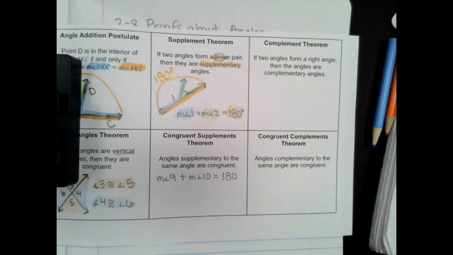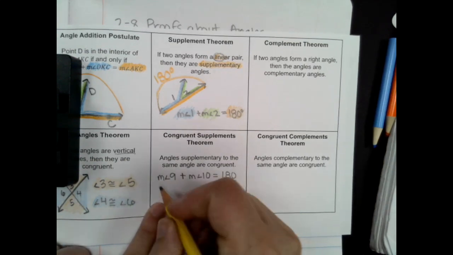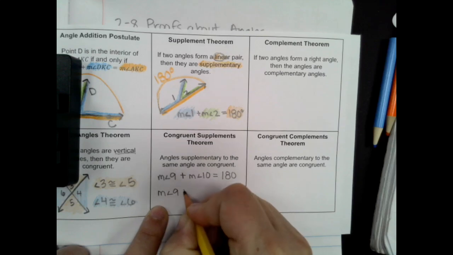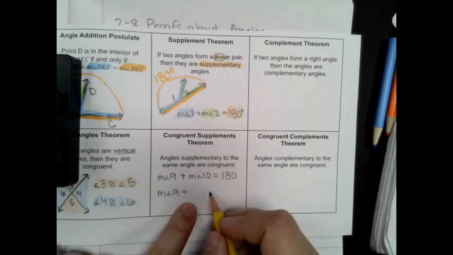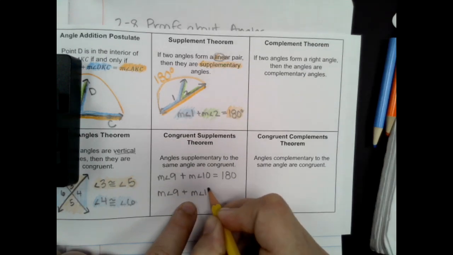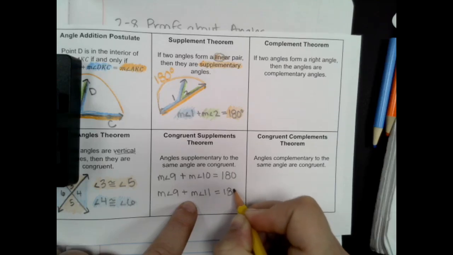But now we're going to have a new supplementary angle, but it's supplementary with one of these. So let's match it with angle 9. If I say that I have angle 9 again, but now I have a different angle, angle 11. And it still equals 180 degrees.